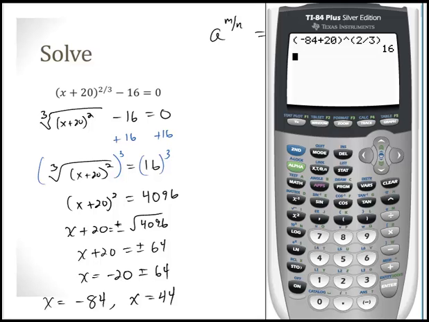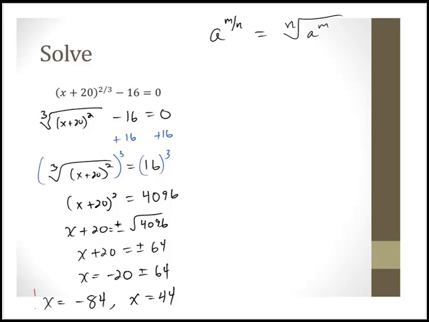And that's 16 minus 16 is 0. That checks out. Let's check the 44. 44 plus 20, raise that to the 2/3 power. And that's also 16. Subtract 16 is again 0. So both of these checked out.